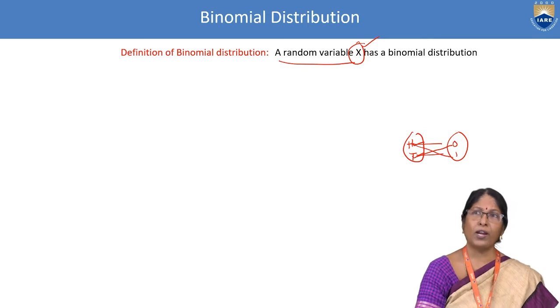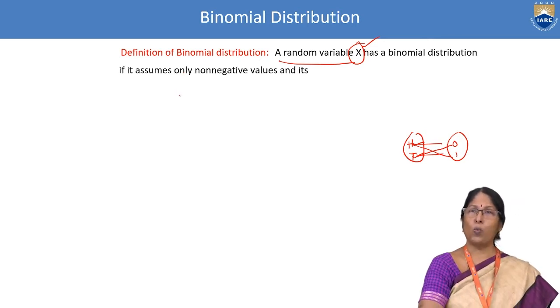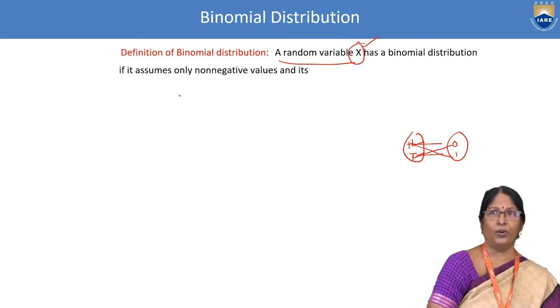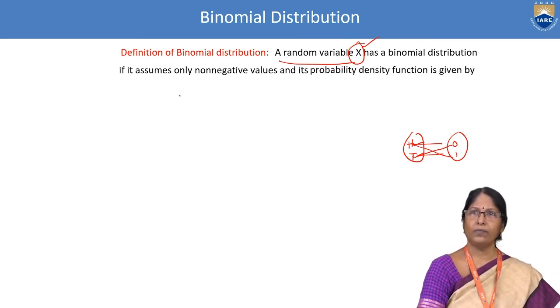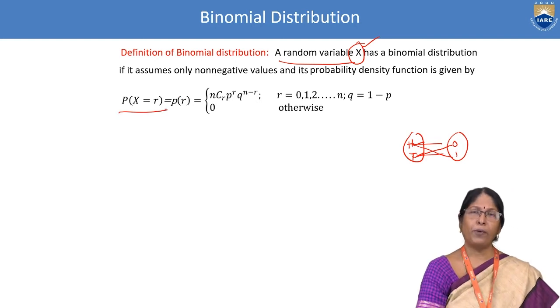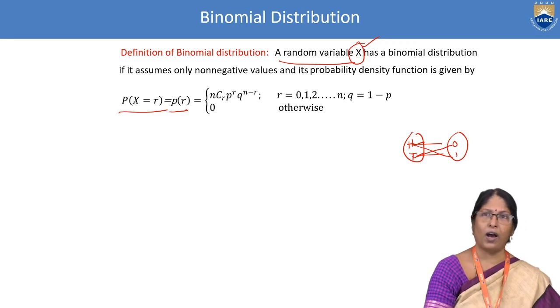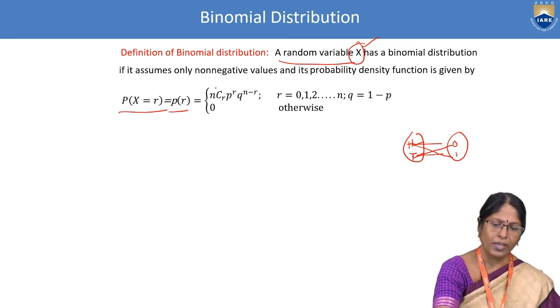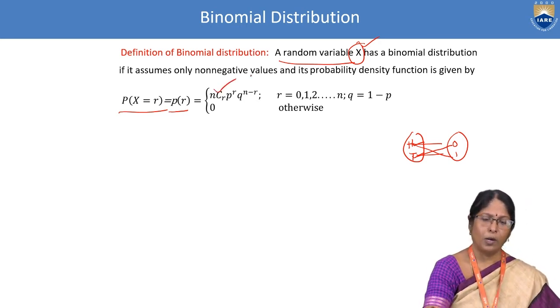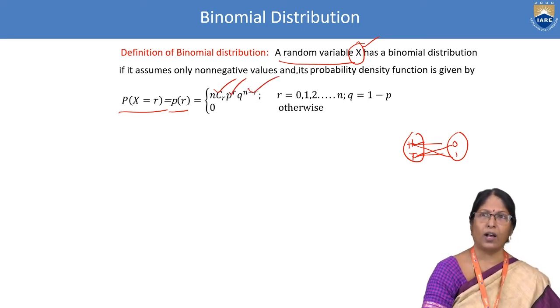A random variable X has a binomial distribution if it assumes only non-negative values and its probability function is given by the probability of X equal to r, that is P of r equals nCr p to the power r q to the power n minus r.